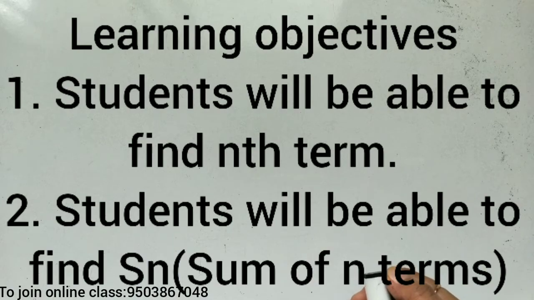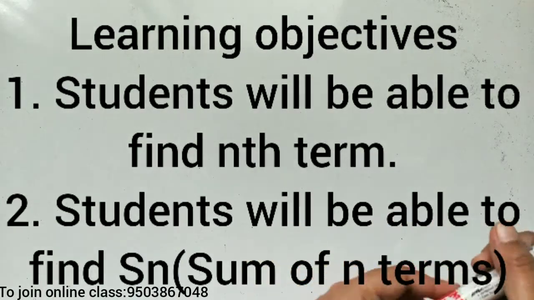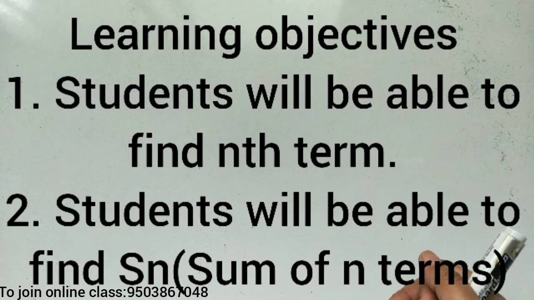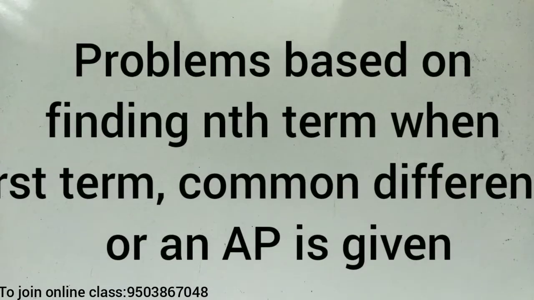In other words, a list of numbers A1, A2, A3 up to AN is called an arithmetic progression, AP, if there exists a constant number D called the common difference. Okay, now let's check the method to form the nth term.